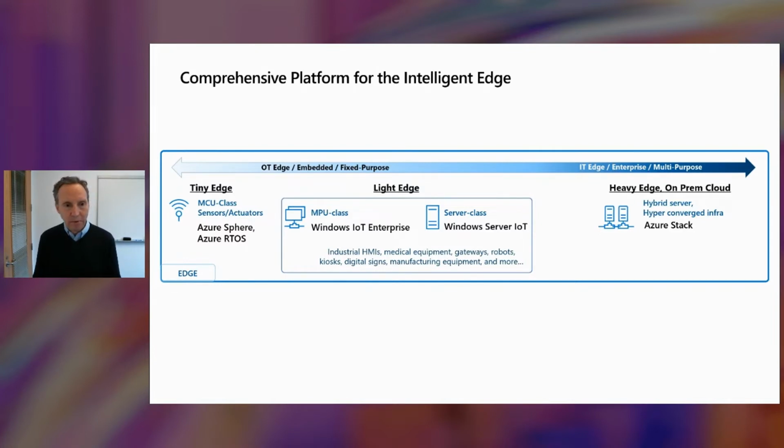I give some examples here below of where Windows IoT is used today in these kinds of devices. Industrial HMIs, a lot of industrial equipment runs Windows IoT, but also medical equipment, gateways of all types, robots, kiosks, digital signs. I'm sure you see a lot of these kiosks and digital signs in airports, retail, and fast food restaurants.